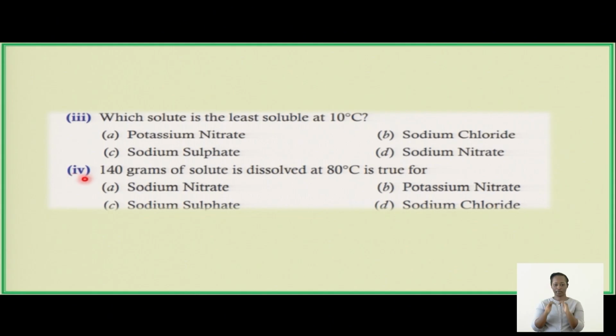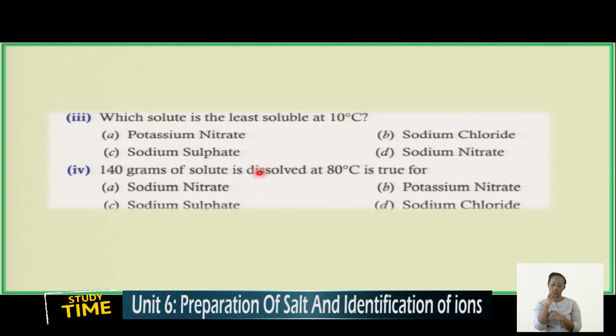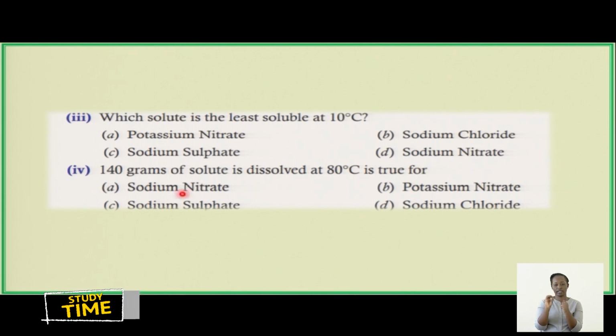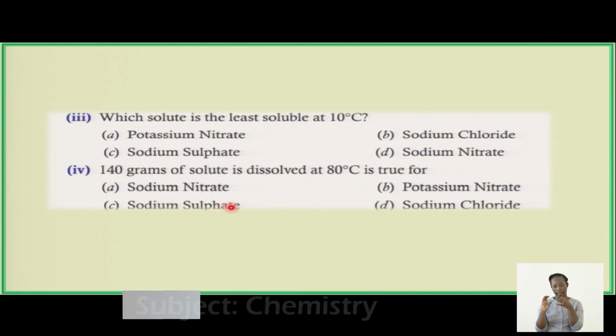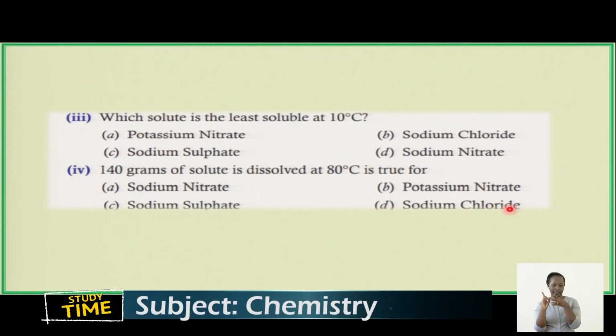And for the other question, 140 grams of solute is dissolved at 80 degrees. Is true for A, sodium nitrate, B, potassium nitrate, C, sodium sulfate, and D, sodium chloride. So you will choose the right answer.